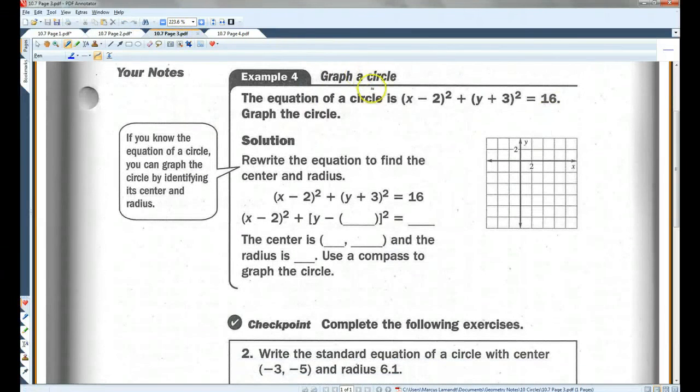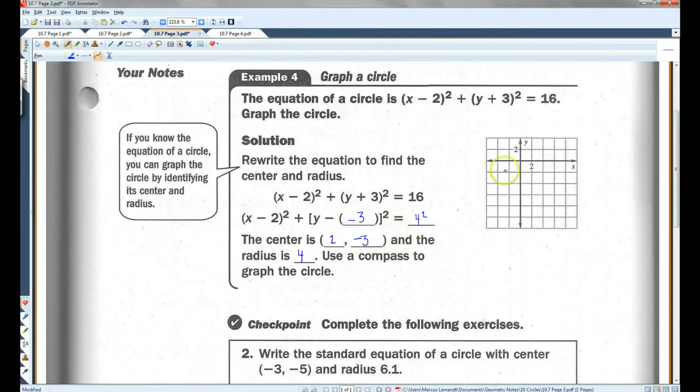Okay, the equation of a circle is (x minus 2) squared plus (y plus 3) squared equals 16. Graph the circle. Okay, so I'm going to rewrite the equation to find the center and the radius. y plus 3 is like y minus negative 3, and this is like 4 squared. So the center is (2, negative 3), and the radius is 4.